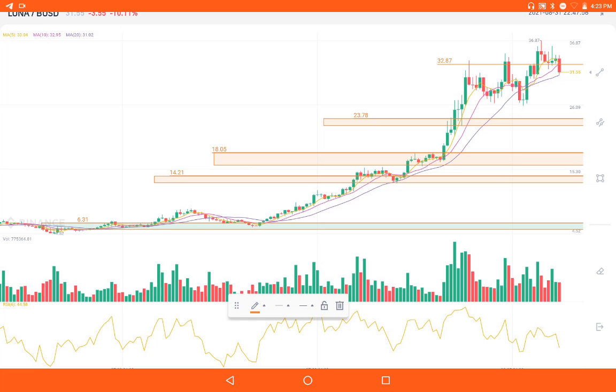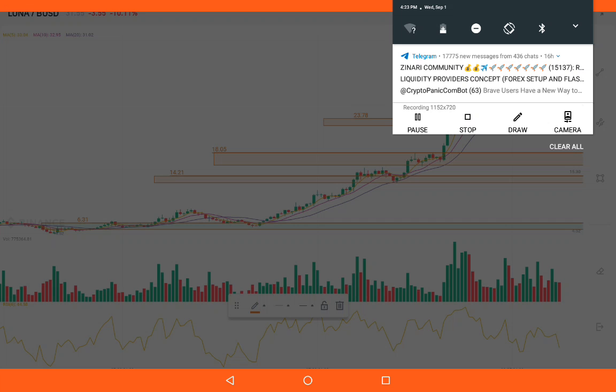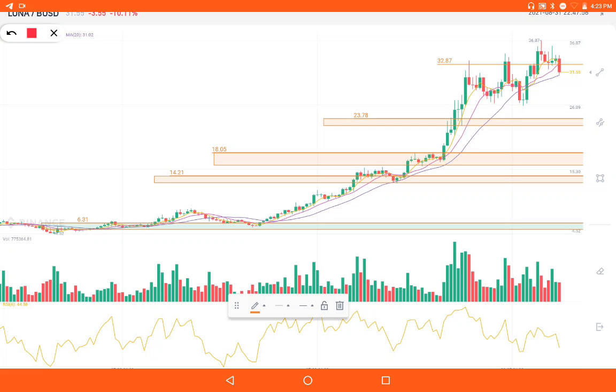This one is Luna BUSD. We have seen it trade to a significant high of 36 USD, and it is currently trading at 31.55 USD.